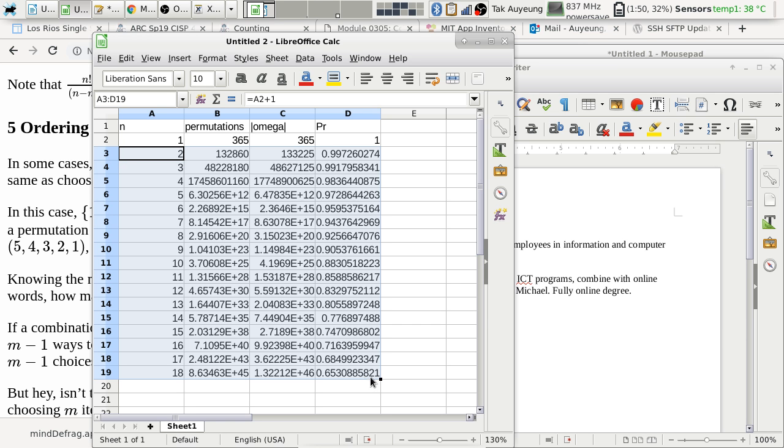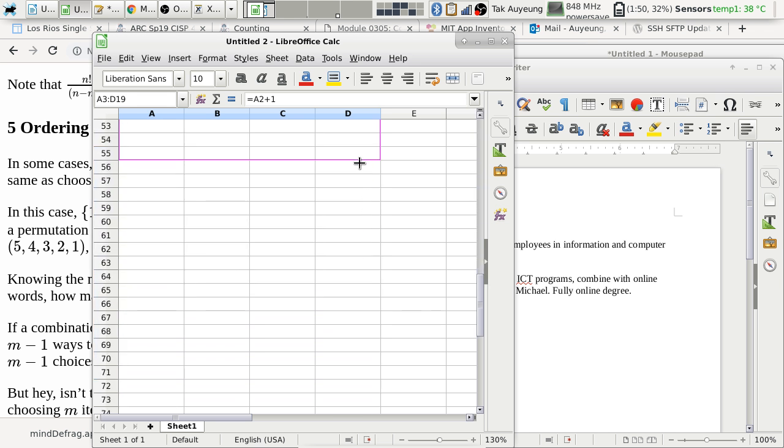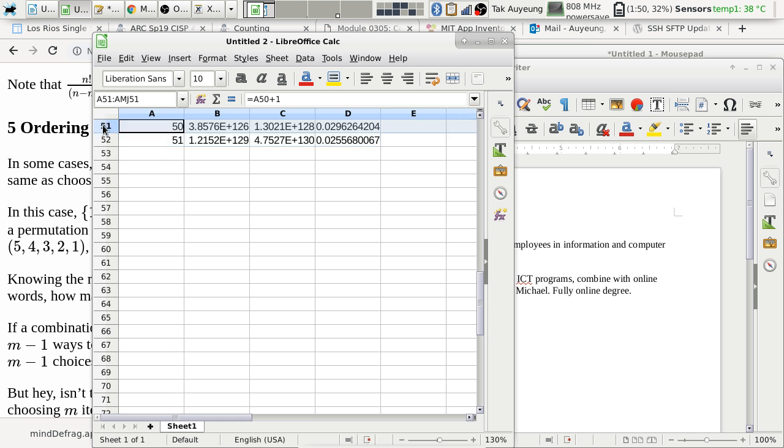So we want to figure out what if we have 50 students, right? We just have to get it down to like row 51. With 50 students, it's a pretty low chance. We have 2.9 or 3% chance that no one shares a birthday with another student in the class. That's with 50 students.